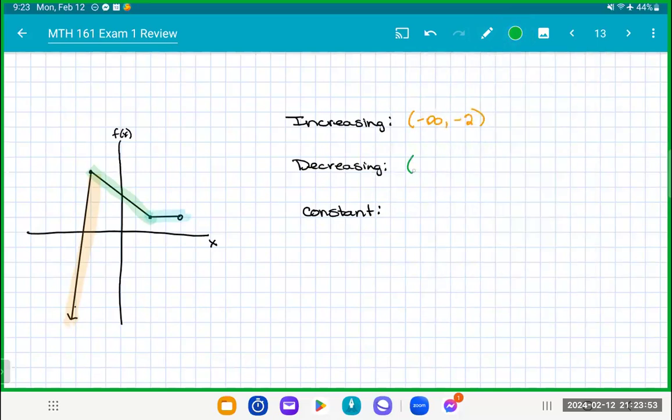We are decreasing on the interval from x equal to negative 2 to 2. And we are constant from 2 to 4. Because you can see this one went to infinity because of the arrow. This one doesn't have an arrow, so we actually stop at 4. Questions?